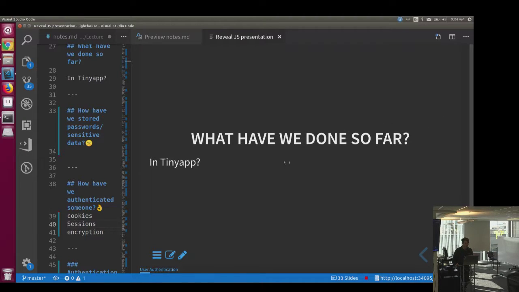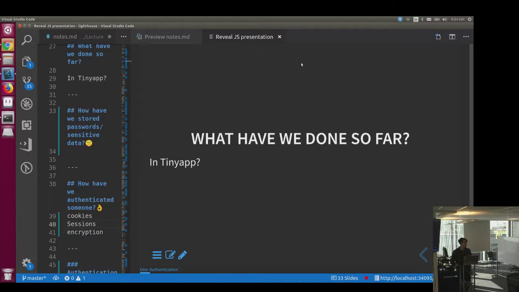authentication. So what have we done so far? Can anyone give a bit of a summary on some of the things we've used to authenticate users on the apps and projects that we've had up to this point? Yeah, so we use cookies. What else? Sessions. Cool. Anything else? Encryption. Yeah, we use like bcrypt as a library.